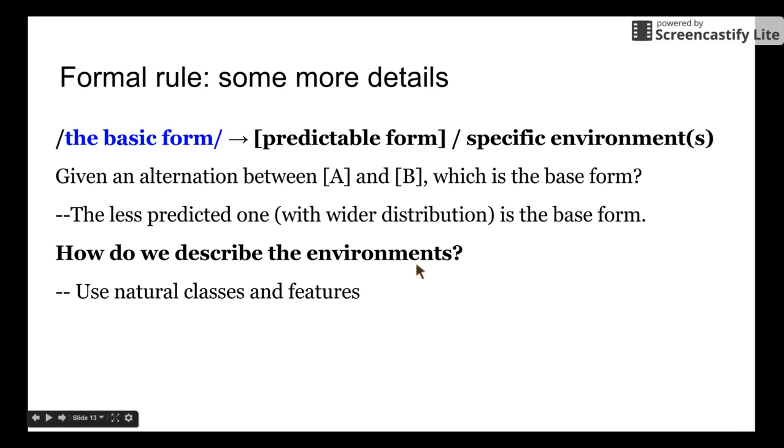And then how do we describe the environment? We have to use natural classes and features. Actually, this is hard as well for beginners because you don't know what natural classes are available for you to use. So you just need to do more practice and memorize what kind of natural classes we can use.